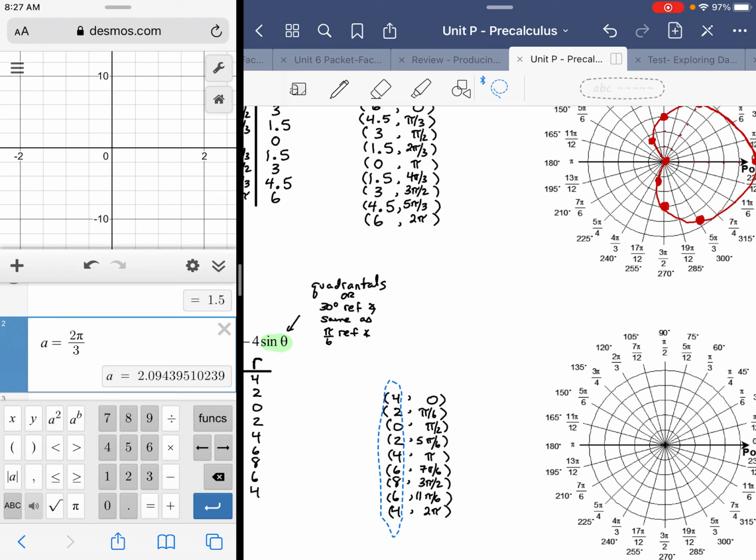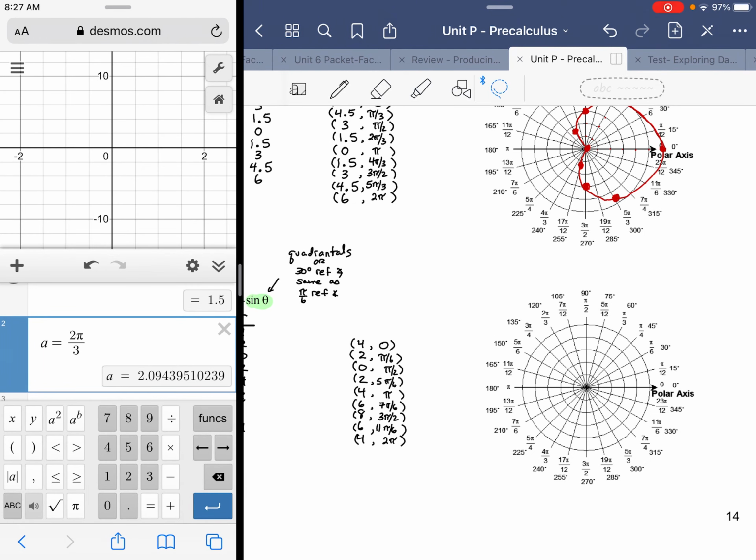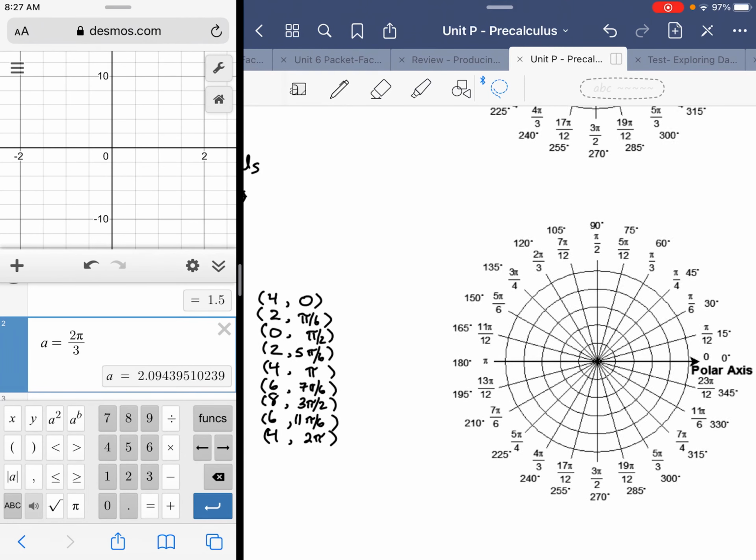Now, do you have to write all these coordinates down if you have an intuitive understanding? I would say probably not, but I'm doing it just so you have it. You know, it's taking an extra couple of seconds, but I think it's a worthwhile use of the time just so you have it in the proper form.